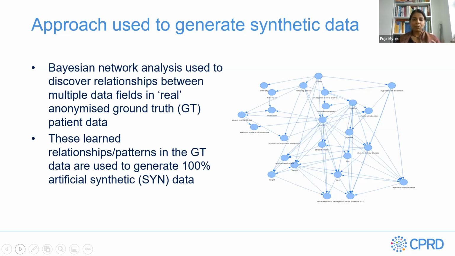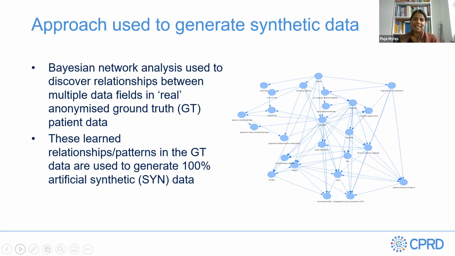But essentially what we do is we're running a Bayesian network analysis on the real data, which is the anonymized, what we call ground truth patient data. What it outputs is this kind of network or web that you're seeing on this slide, and each of the circles is a node which represents a data field or a variable.